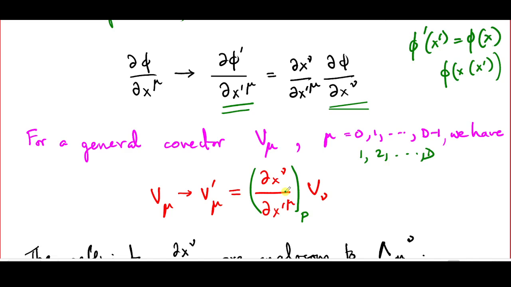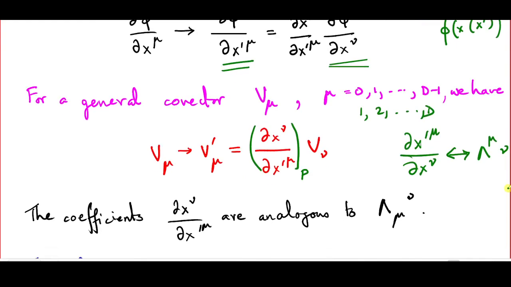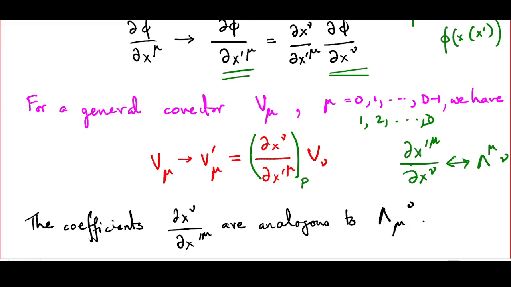And it's obvious, just like ∂x'^μ/∂x^ν, the factor which tells us how vector components transform, was akin to Λ^μ_ν, the vector transformation coefficient, for the linear transformation case, the coefficients ∂x^ν/∂x'^μ would also be analogous to the covector transformation coefficients, Λ lower μ, upper ν. Let us quickly see why that is true.